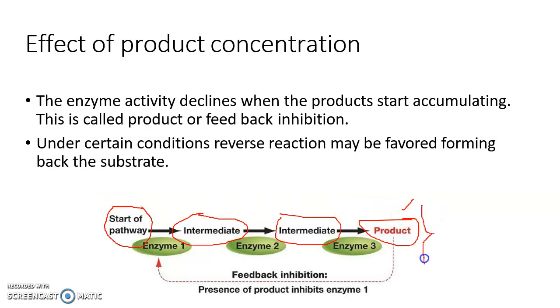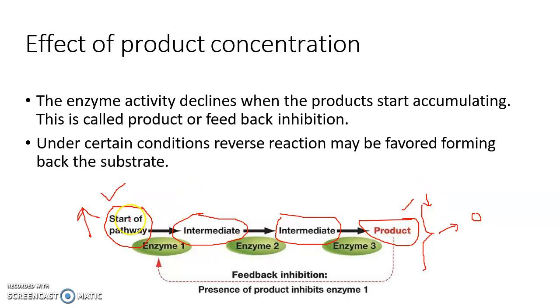Initially the substrate concentration is higher, and the product concentration is zero, since there is no immediate conversion. Initially the starting material or substrate concentration is very high and the product concentration is very low.